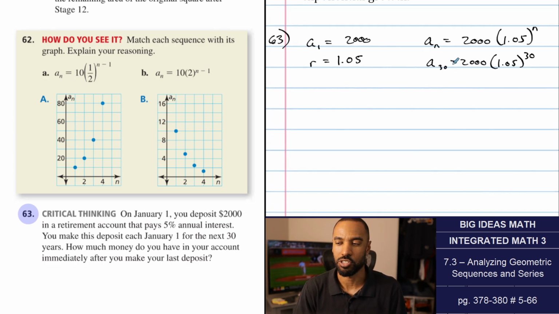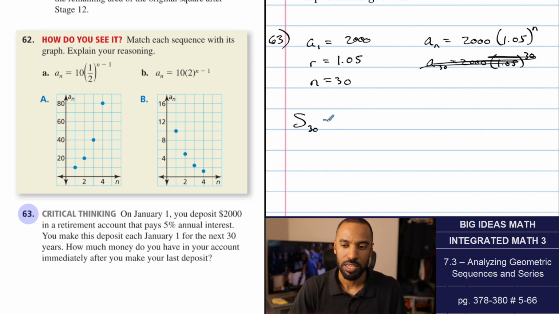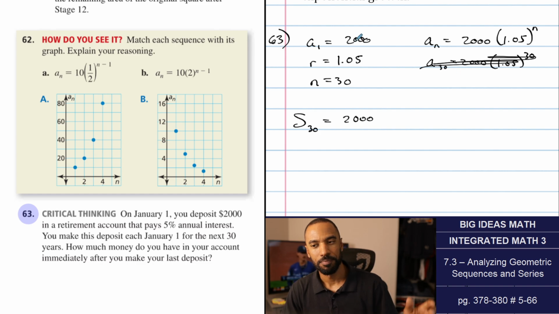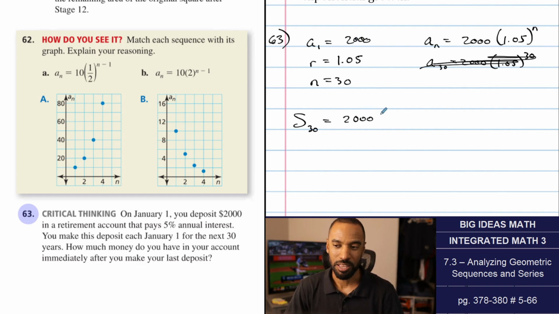So what we have to do is find a sum. So don't worry about this one. What we have to do is find the sum. Here's our first term, and n is 30. That's all great. So we have to find the sum of these 30 years of deposits, where basically the first term is really our last deposit's amount. But that's okay. We still add them up together.